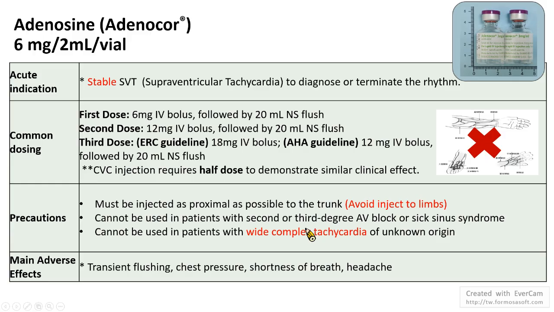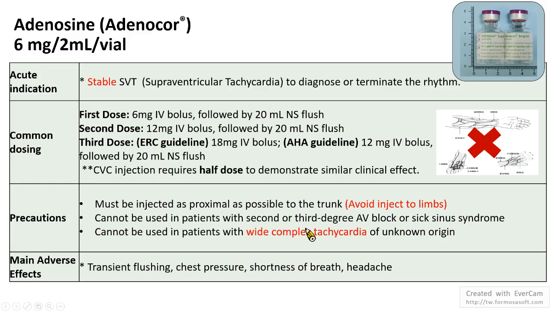Whether to give the third dose depends on whether the patient is clinically refractory and adenosine is ineffective. But the European resuscitation guideline suggests we can try a third dose, increasing it to 18 milligrams IV bolus, whereas the AHA guideline just stops at 12.